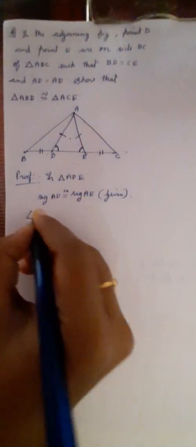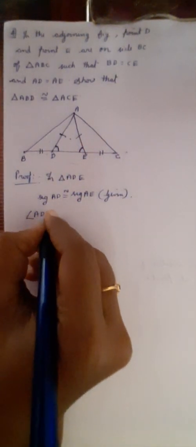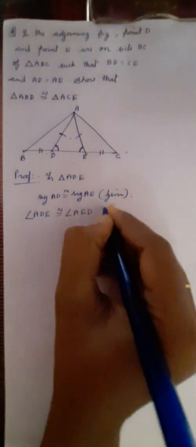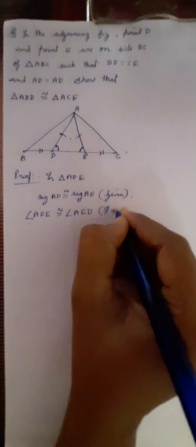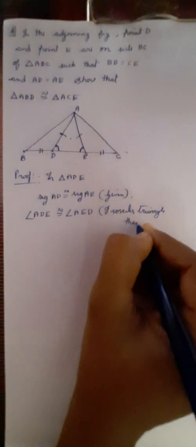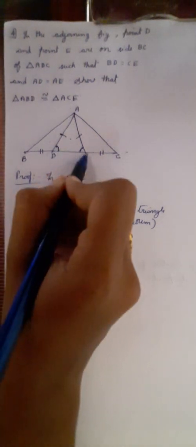So here angle ADE is congruent to angle AED. Isosceles triangle theorem. So two angles are equal.